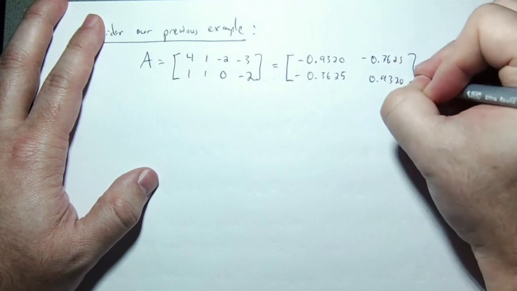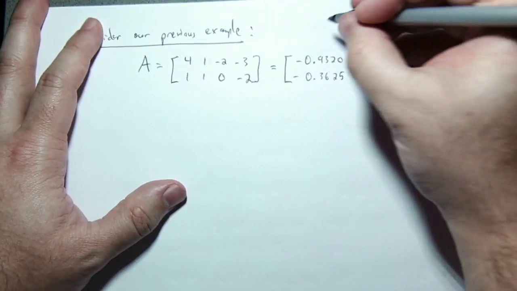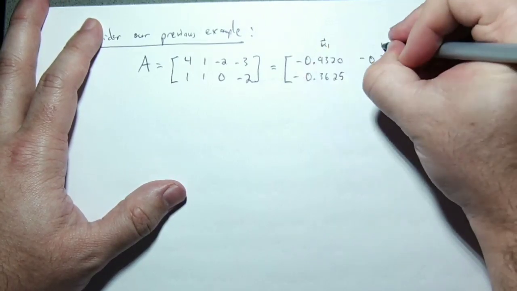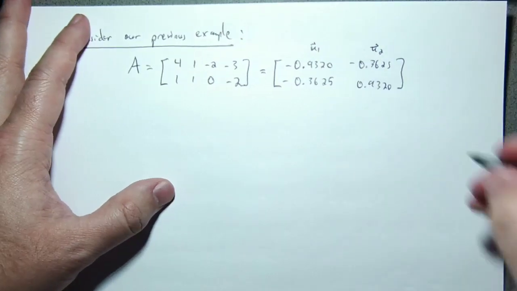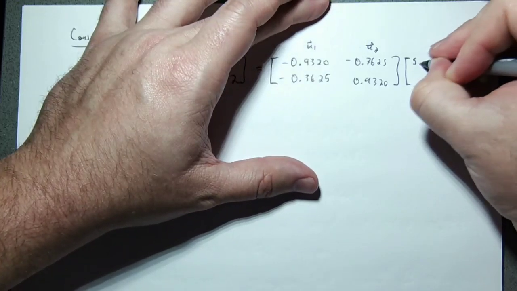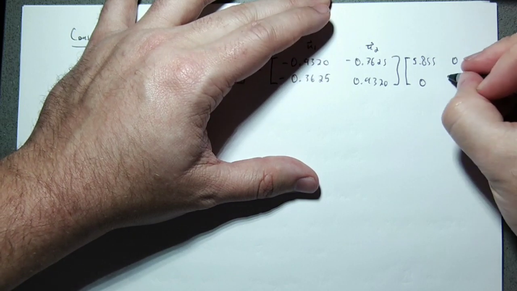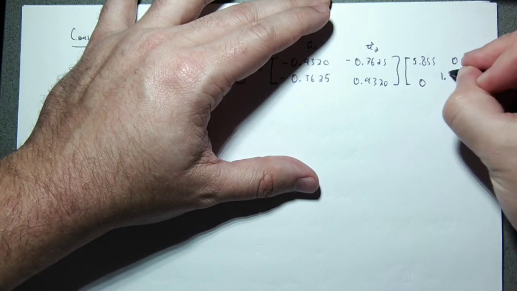So this was found to be U, right? So this was U1 and U2. And our sigma was 5.8550, 0, 0, 0, 0. I know I'm reading column-wise here, so I'm not really being consistent.